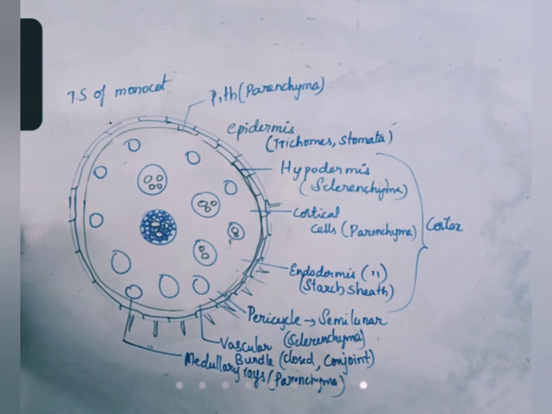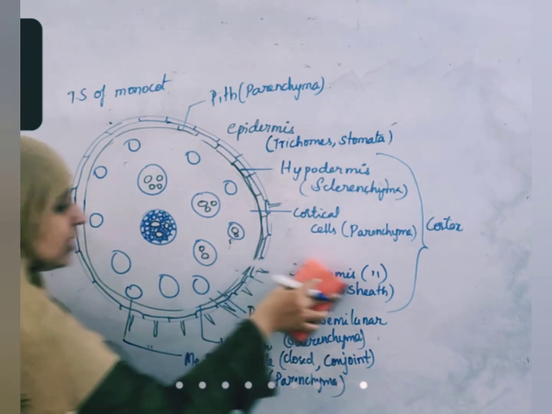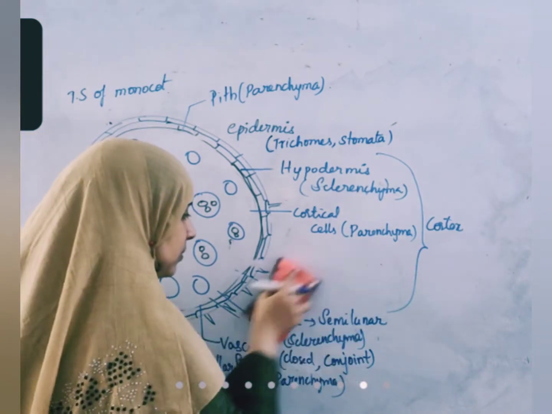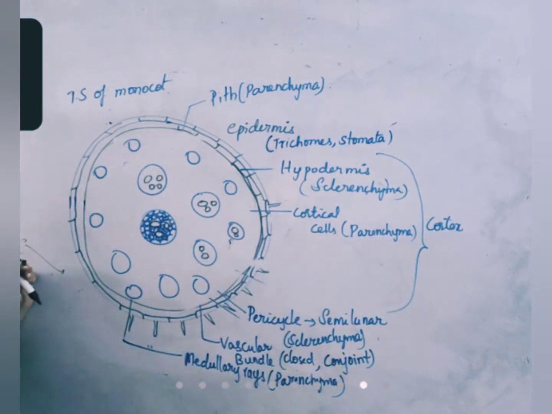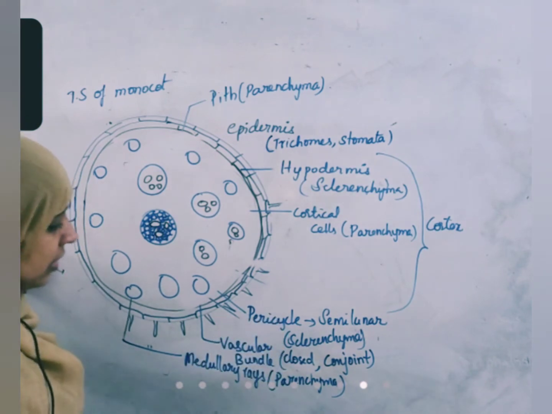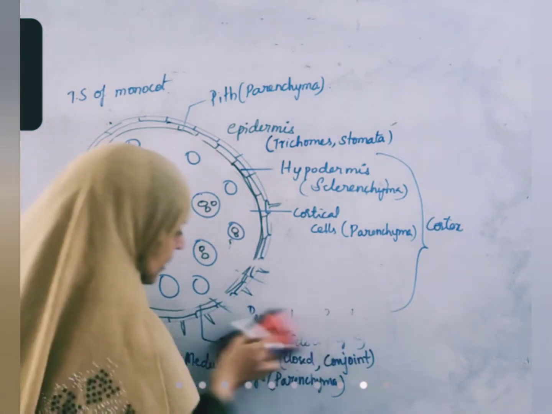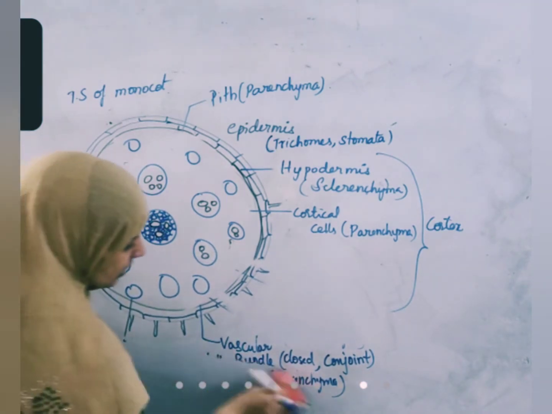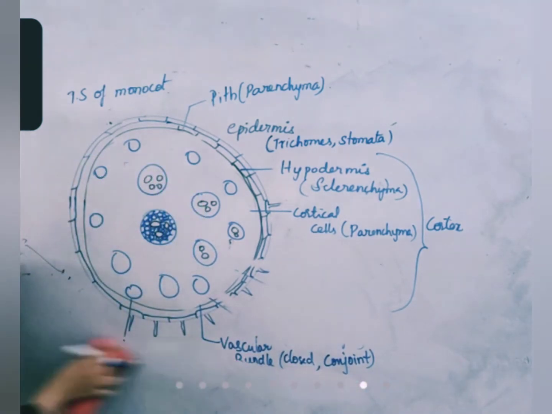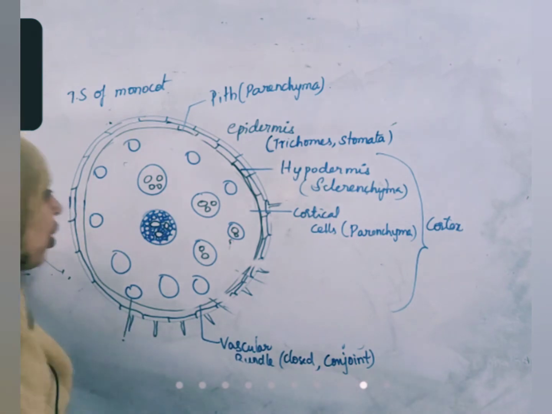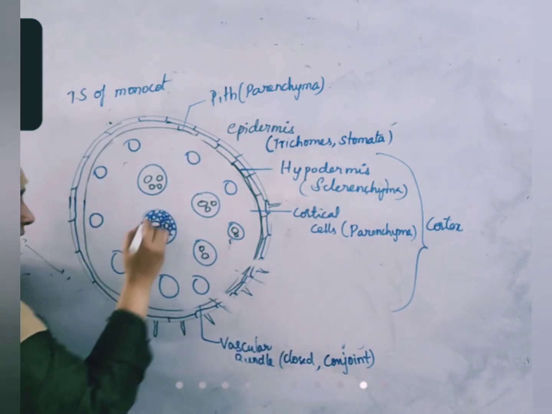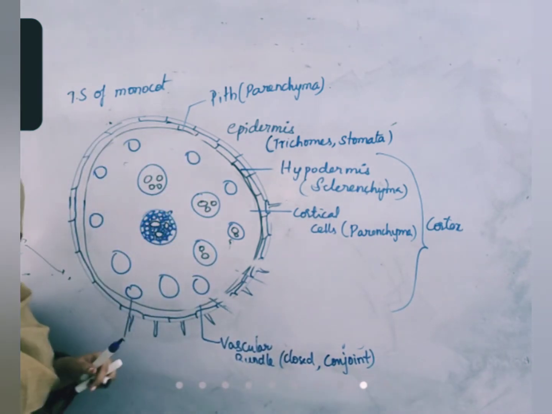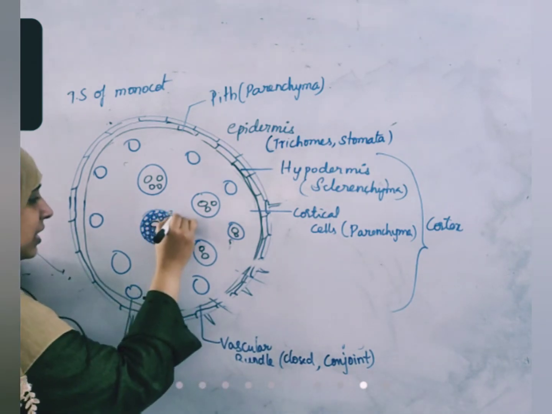Now, there is no endodermis, there is no pericycle, there are no medullary rays. Remaining all cortical cells except this region. Here there are some sclerenchyma cells.